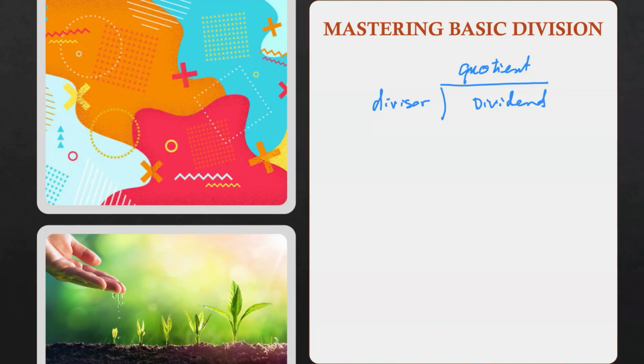Okay, so I'll show you another way. And I reckon that the French and the colonies of the French do that. Okay, so they put the dividend this way. So they put the dividend on that side, and they put the divisor here.